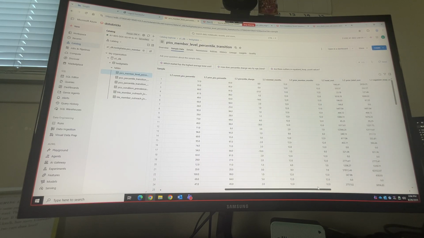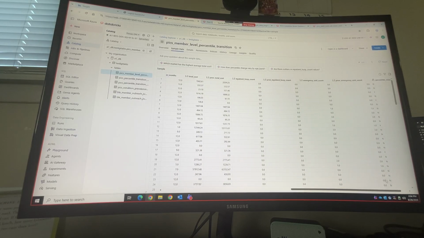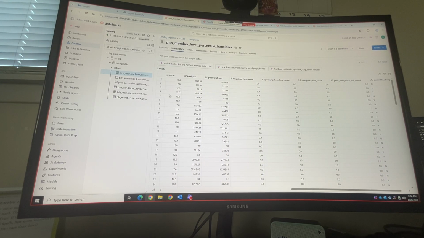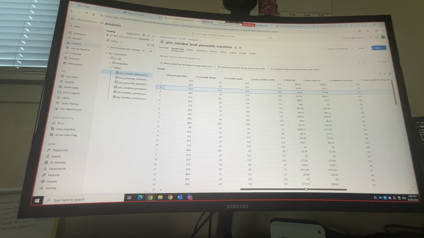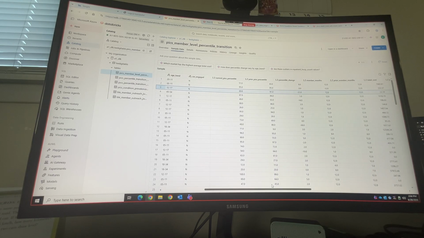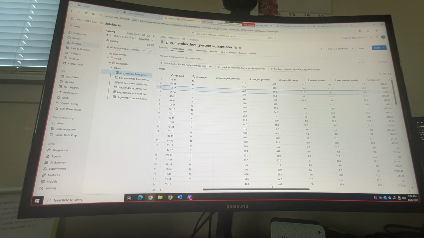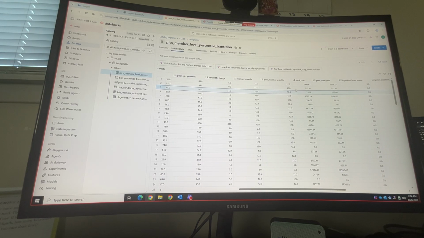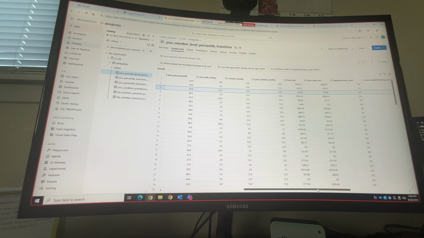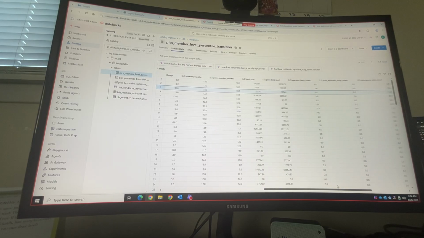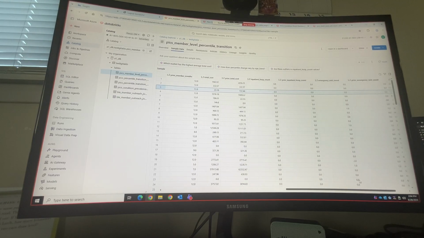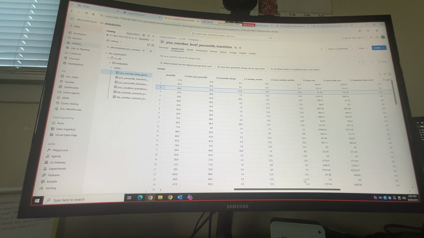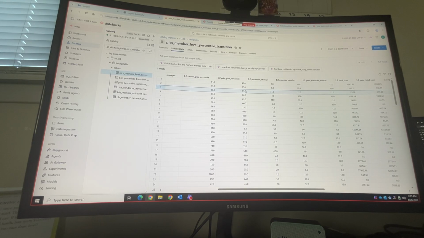I flagged them yes or no, only the ones with a percentile change of 10 or more than 10, and the rest are under. So we can see how the costs have changed. Basically the 2 percentile columns: this is current and this is the prior.